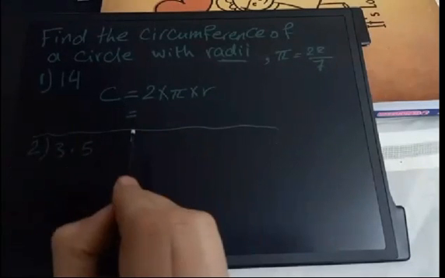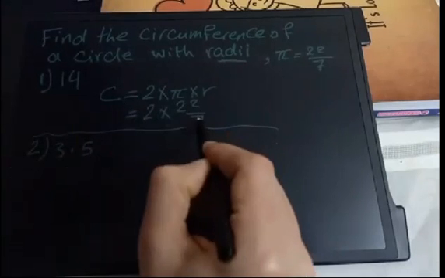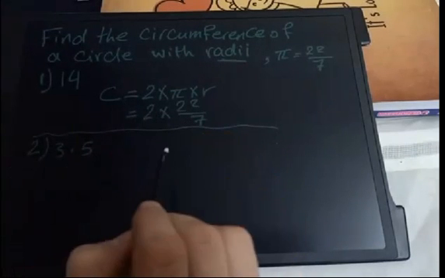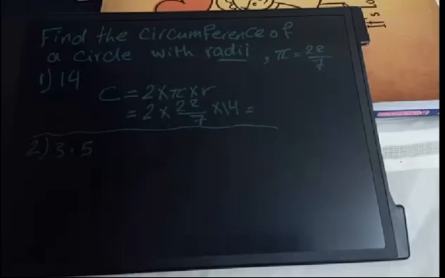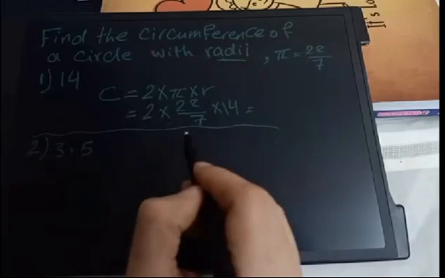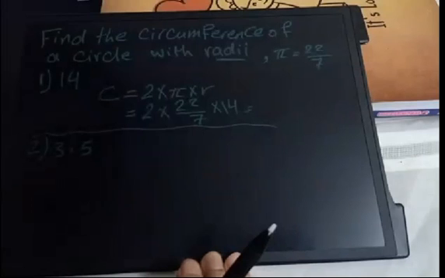Equals 2 multiply 22/7 multiply 14. Okay, so if we put it in the calculator, what will it be, Adham? Sorry, I don't have my calculator now. Okay, I'll make it. It is 2 times 22/7 times 14.